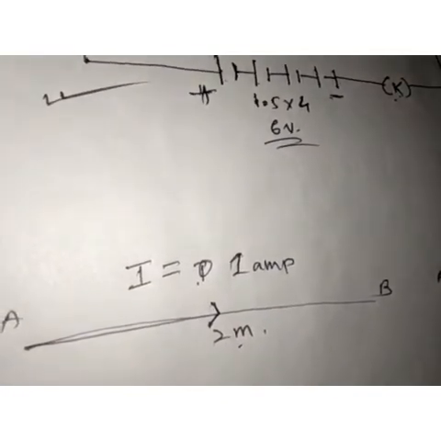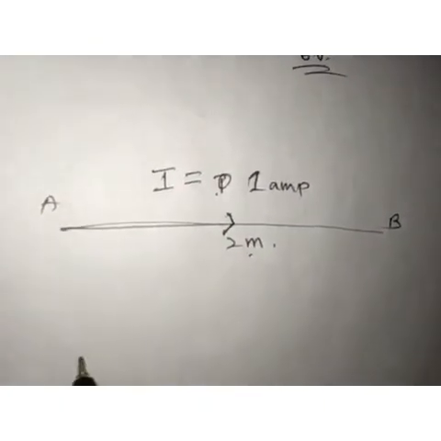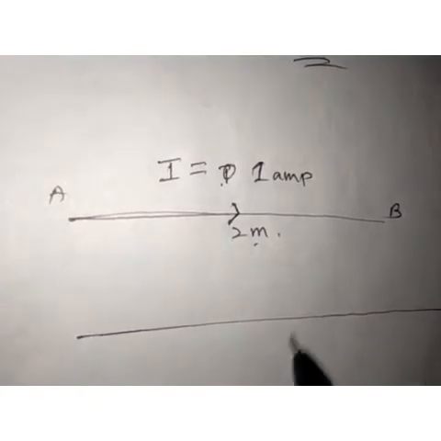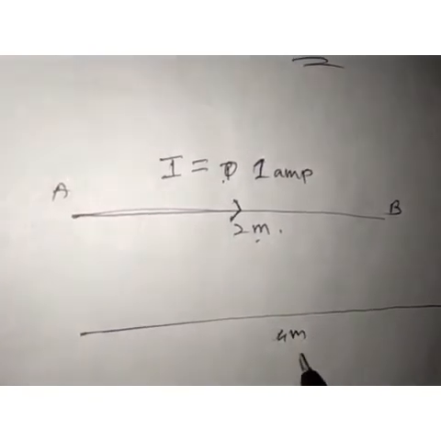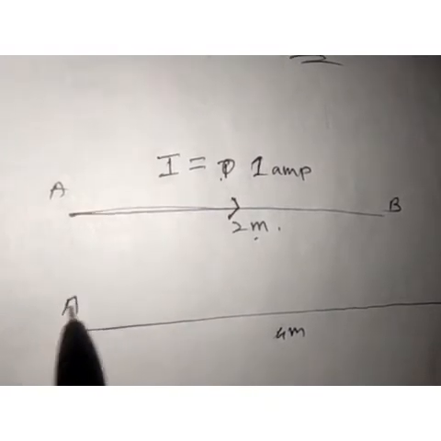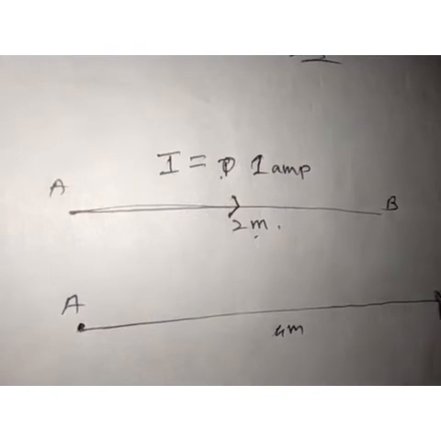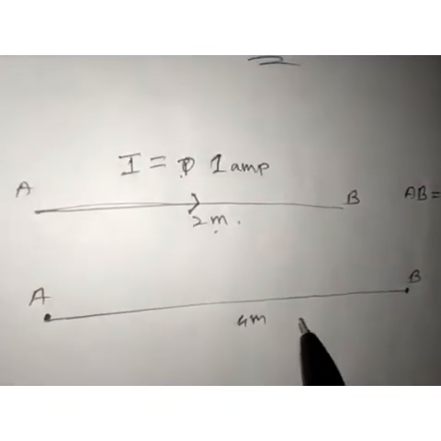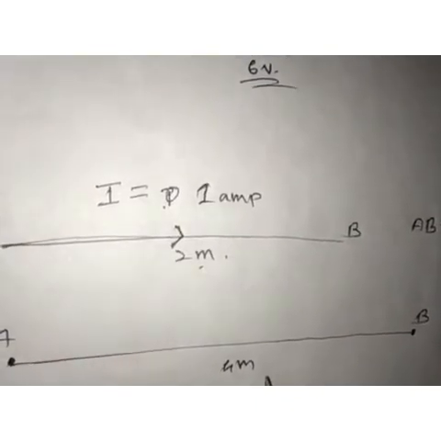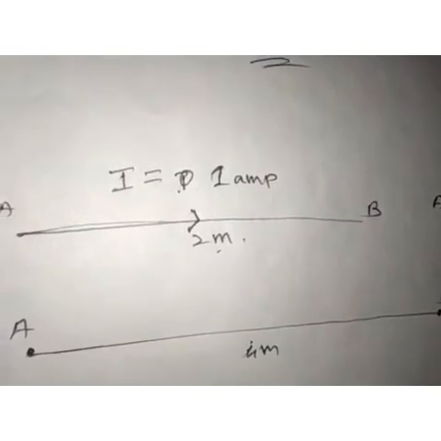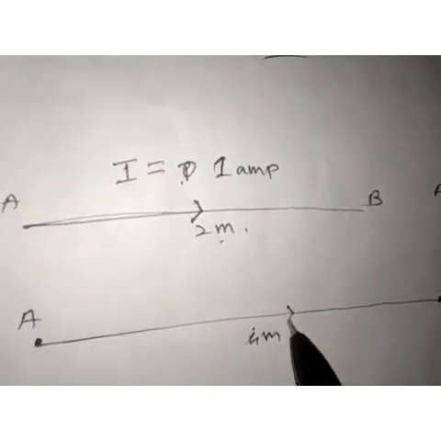Suppose we extend this conductor to 4 meter, which means double the previous length. Then how much current is flowing now?